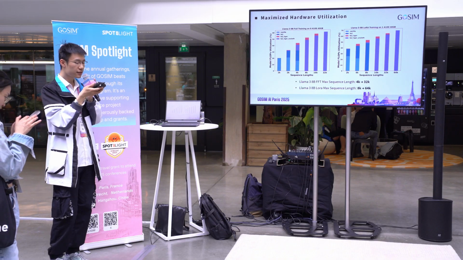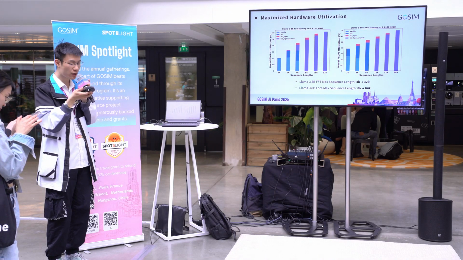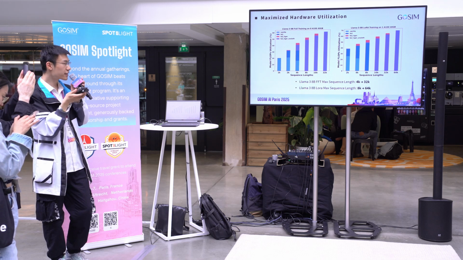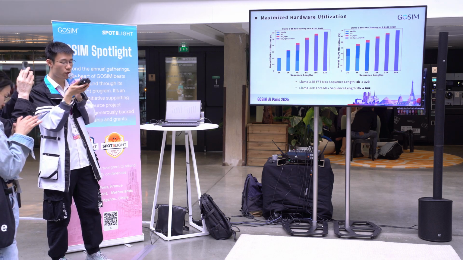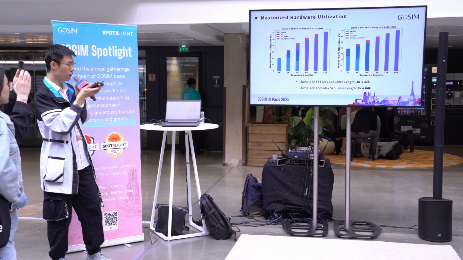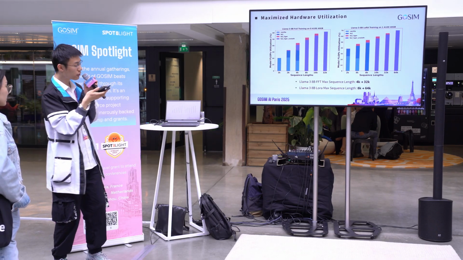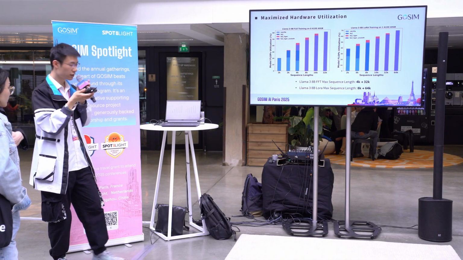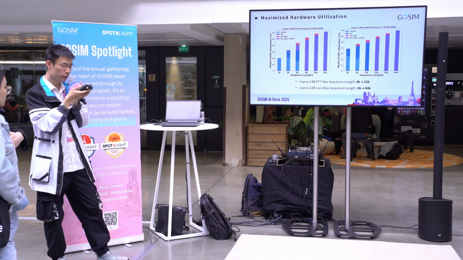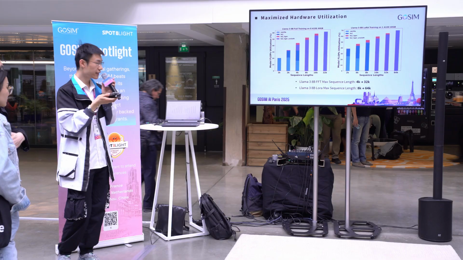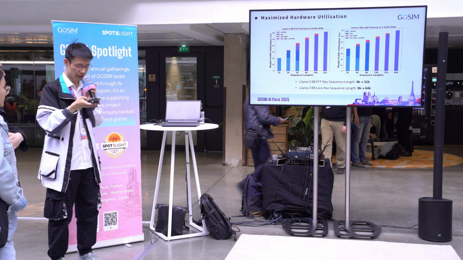Meanwhile, since these kernels reduce the peak memory usage, we can observe that the maximum sequence length for full fine-tuning has increased from 4,000 to 32,000, and the maximum sequence length for LoRA fine-tuning has further increased to 64,000.